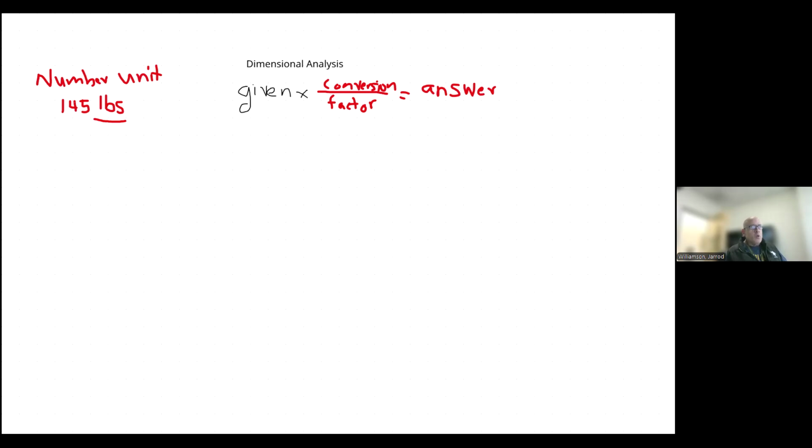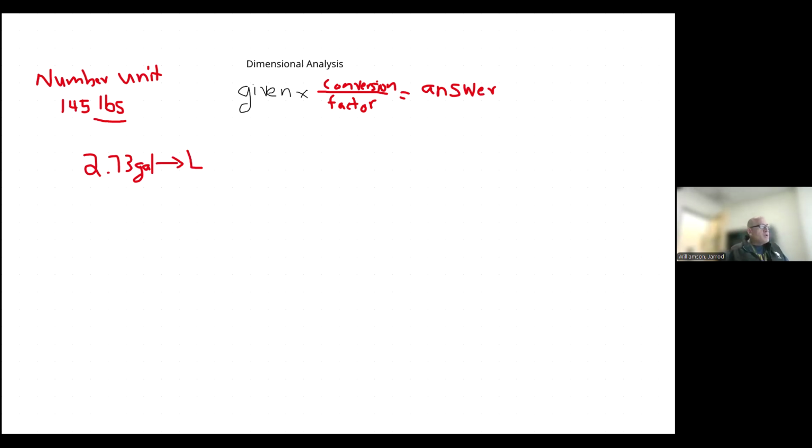It means I have only one conversion factor. Suppose I want to convert 2.73 gallons, and I want to know how many liters that is.